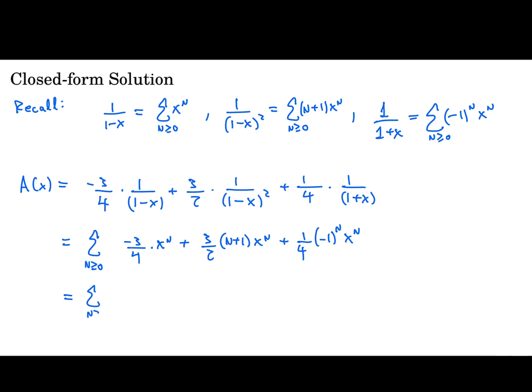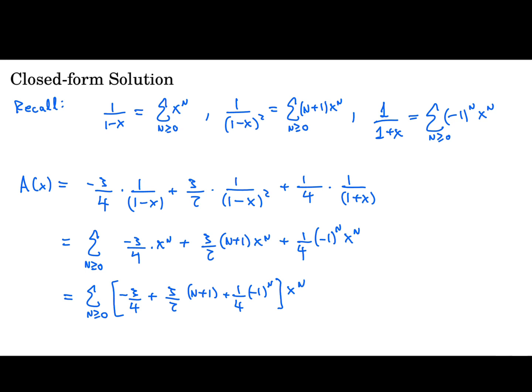If you put all the terms together, this gives you minus 3 over 4, plus 3 halves times n plus 1, plus 1 quarter times minus 1 to the n, all times x to the n.